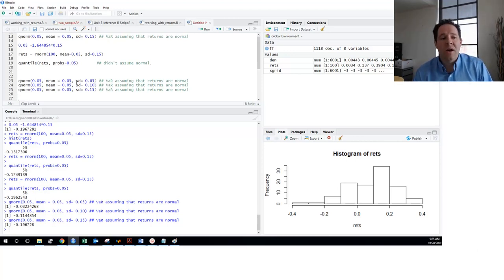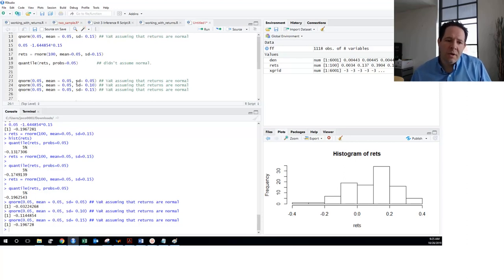And so in the case of a normal distribution, we don't have to make a distinction between the downside risk and the standard deviation of the return process. As returns look less and less normal, that is, as they have more skew or more kurtosis, that breaks this relationship.